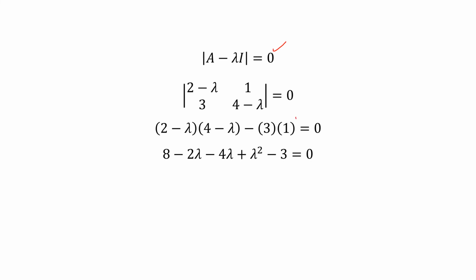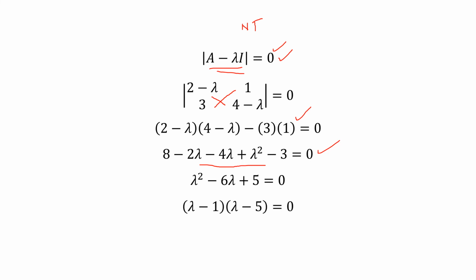We solve this: multiply these two and then these two, and take it equal to 0. For a non-trivial solution, this matrix will all the time be taken equal to 0. Now we solve this, and it comes out as lambda squared minus 6, by factorization. If you are good at algebraic work, then fine, otherwise a calculator can help you.